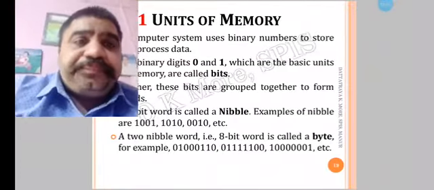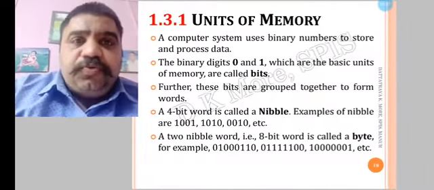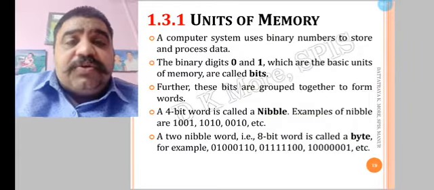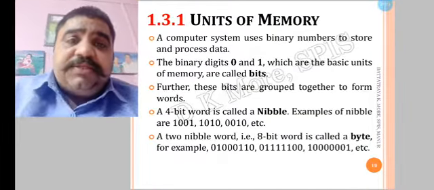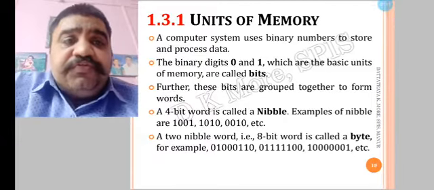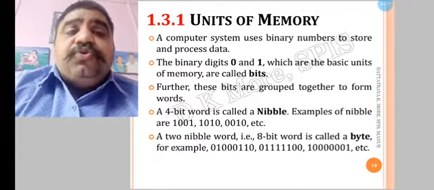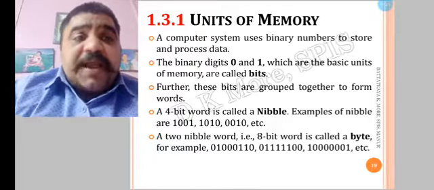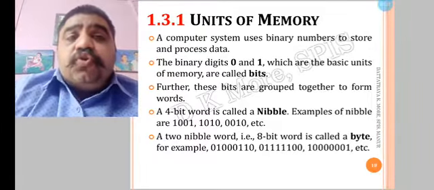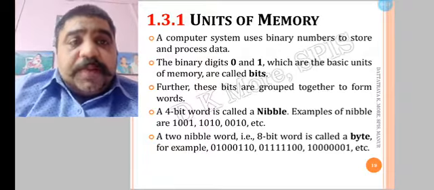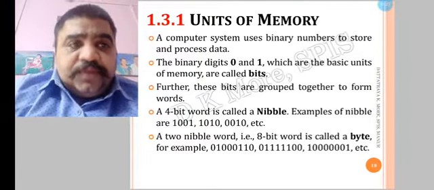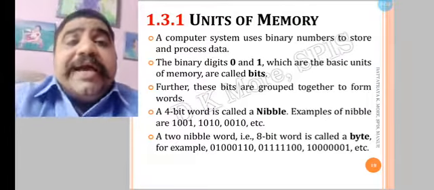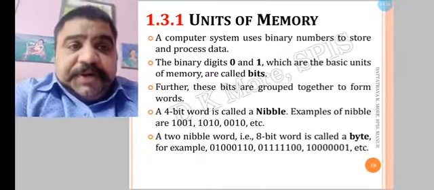Let's move ahead. There is a new point about memory. When there is a question of memory, the first point will be the units of memory, how to count the memory. A computer system uses binary numbers to store and process data. The binary digits 0 and 1, which are the basic units of memory, are called bits.